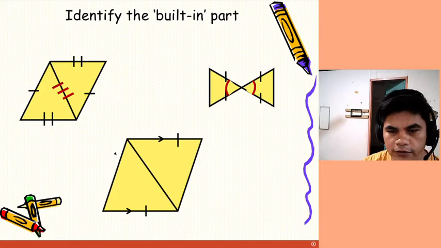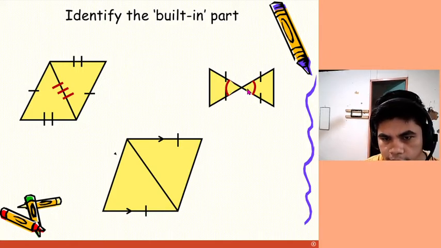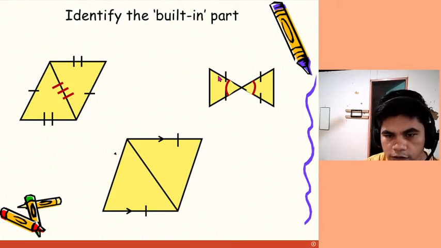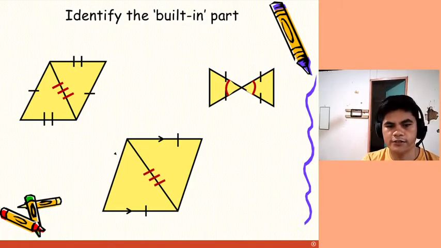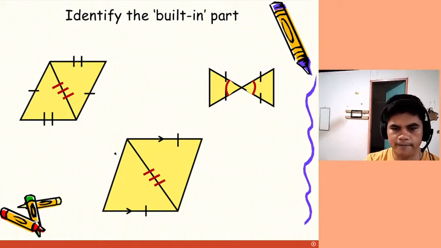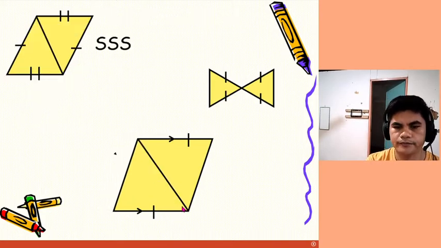How about this secant triangle? Because of these intersecting sides, we have vertical angles. How about this? The same also. The built-in part here is the shared side. If we separate the two triangles, they have a common side here.